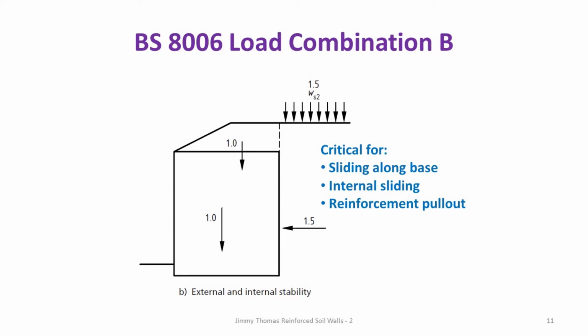We can imagine the situation where in that particular lane there is no traffic, but behind there is traffic. So this combination is critical for sliding because your disturbing force is maximum, multiplied by 1.5, whereas your resisting is multiplied by 1 only. Similarly for internal sliding, and also reinforcement pull out.